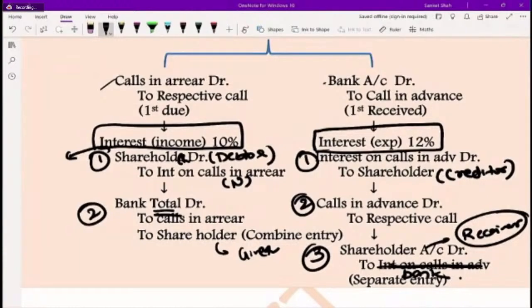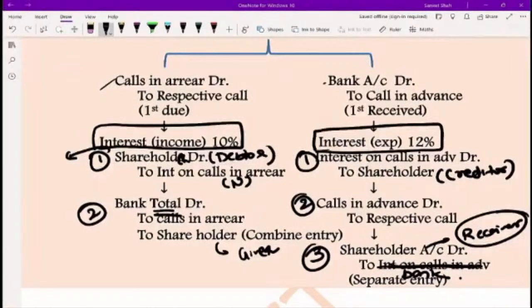Tell me "over" after writing these entries. Don't take a screenshot. Write it down properly. A plus category question. And please, while writing the entry, write it by logic.